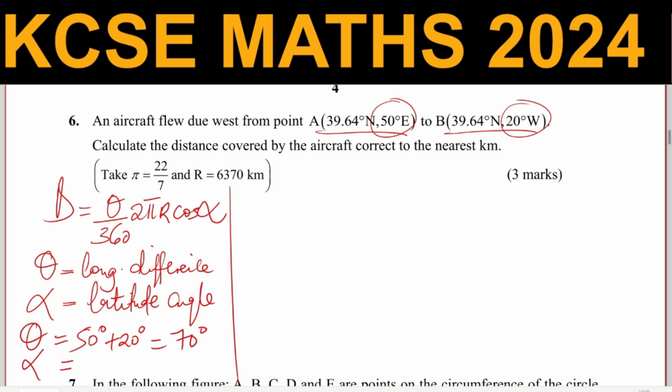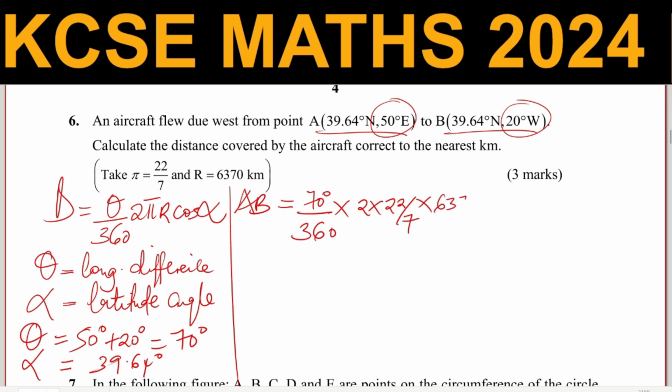Then the latitude angle. These places lie on the latitude 39.64 degrees north, so the latitude angle is 39.64 degrees. Now we can get the distance AB. Distance AB is equal to theta, which is 70 degrees, divided by 360, multiplied by 2 times pi, 22/7, times the radius of the earth, which is 6370, then multiplied by the cosine of the latitude angle, 39.64 degrees.